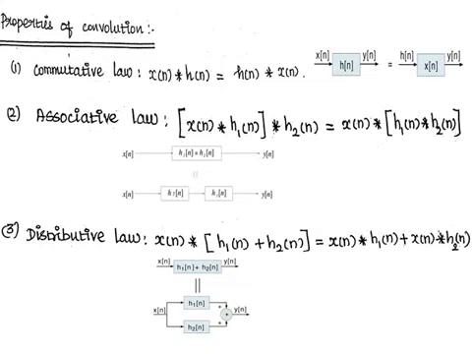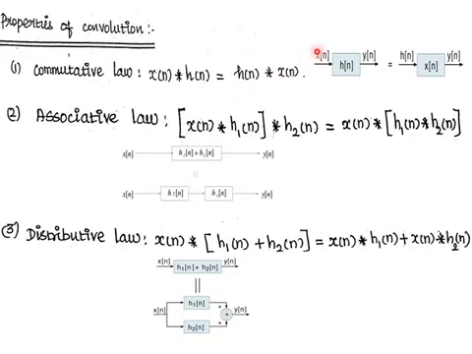Now we are going to see the different properties that are satisfied by this convolution operator. Convolution satisfies three different properties, namely commutative property, associative property, and distributive property. The commutative property states that performing convolution between x of n and h of n will be same as performing convolution between h of n and x of n.